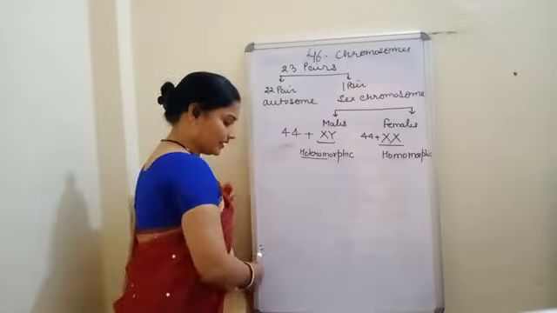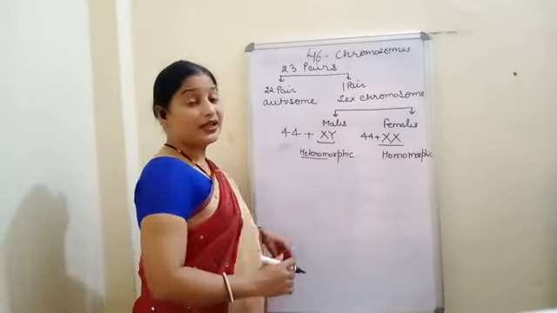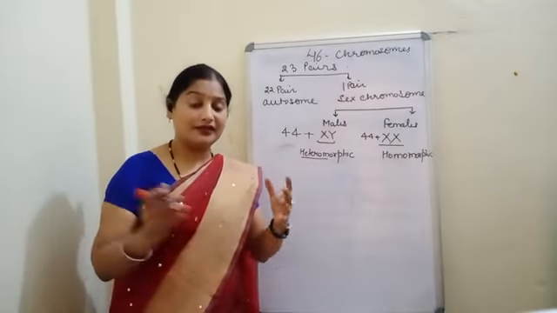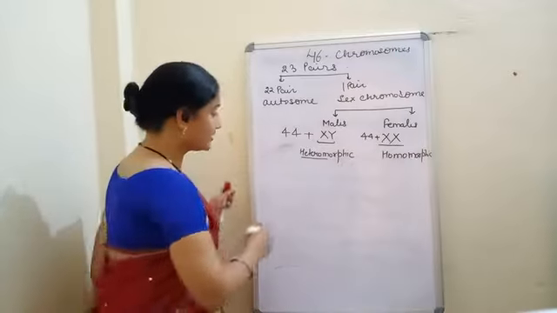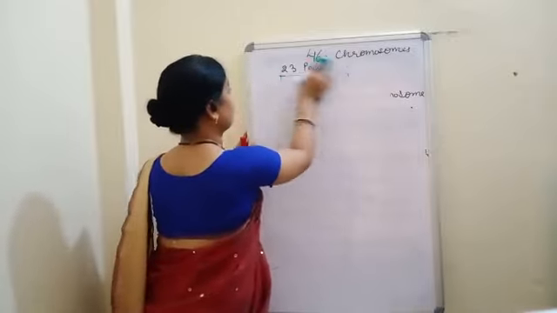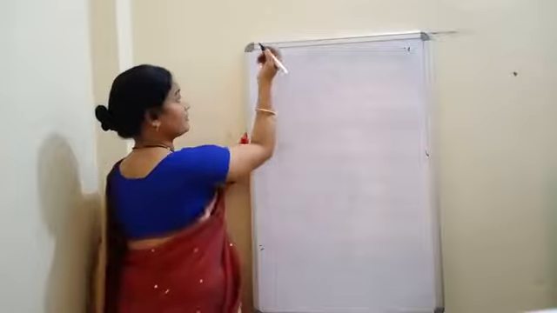Now see the condition. What happens if the male fertilizes a female and they produce the zygote? See what the condition is. Now I am erasing all these things. Now see what happens.